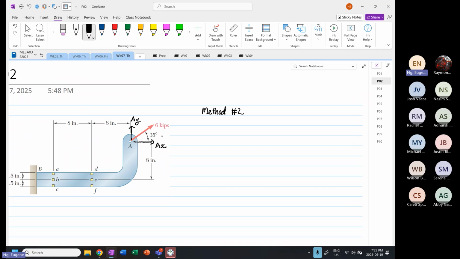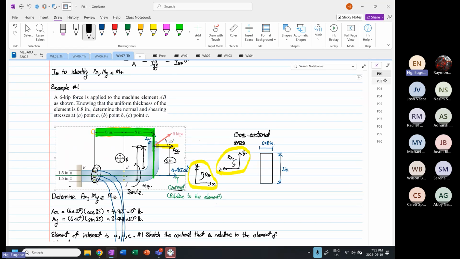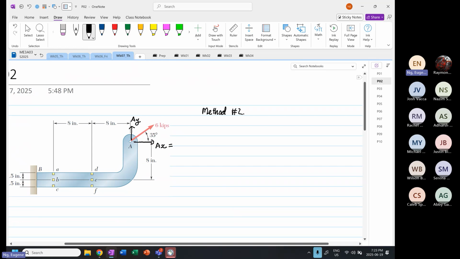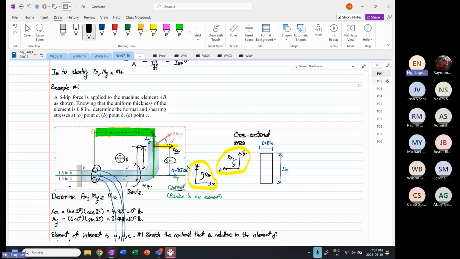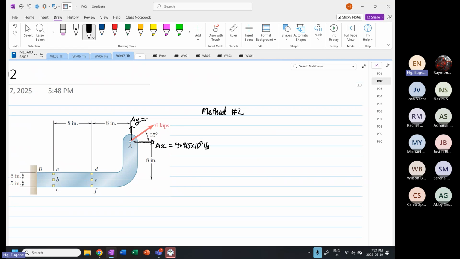So over here, we know that AX, I'm not going to recalculate AX. We did earlier, AX is equal to 4.915 times 10 to the power 3 pounds. And AY, we have calculated is 3.441.